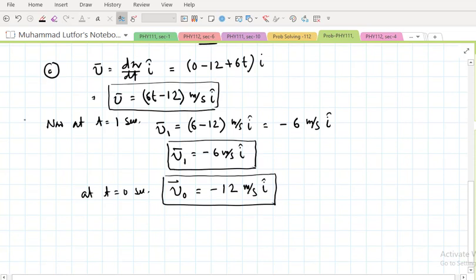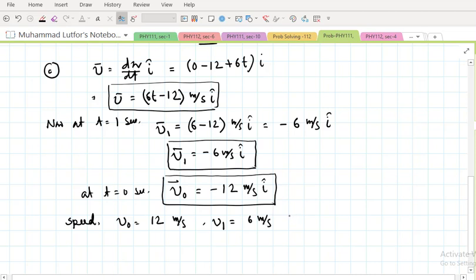What about the speed? Speed is a scalar quantity, so that means I have to take the magnitude of that one, right? Initially the speed v naught is 12 meter per second, v1 is 6 meter per second.